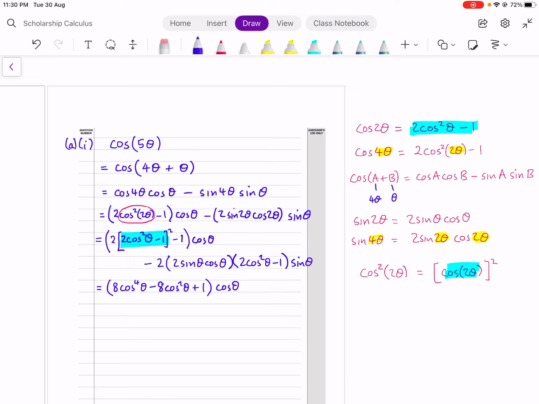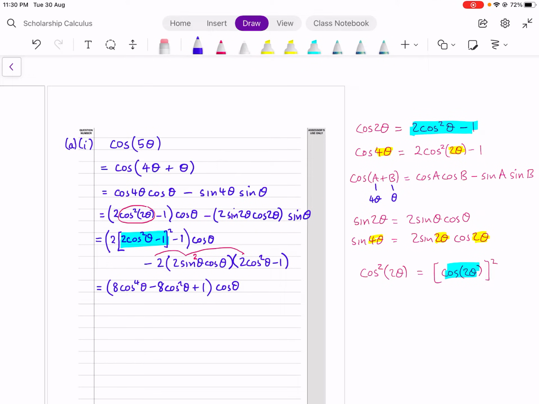And then the second one, I've got a sine theta at the end of it here. I'm just going to sneak that in as a sine squared in that front factor, so I can get rid of that. Makes expanding a little bit easier. So when we're expanding, we've got minus 2 times 2 sine squared cos times 2 cos squared is the first term.